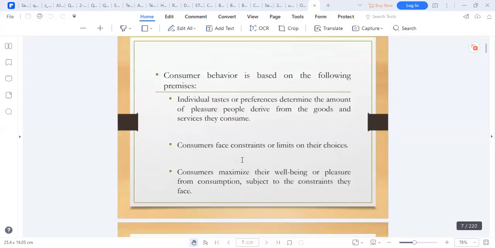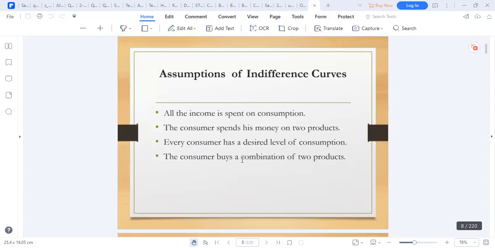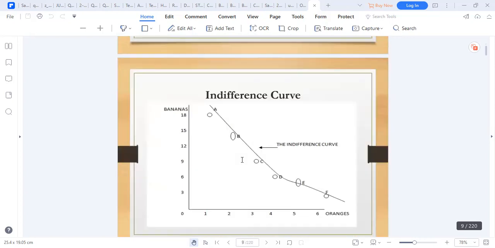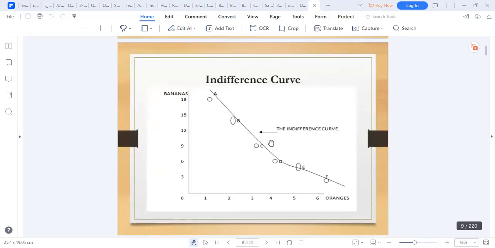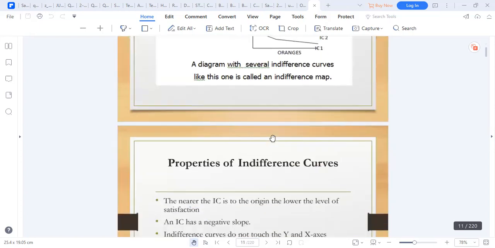So if we're dealing with the consumer, we're looking at a consumer having tastes or preferences that will determine the amount they will choose to purchase. So we're going to look at a downsloping curve, which we call an indifference curve. It looks like this.